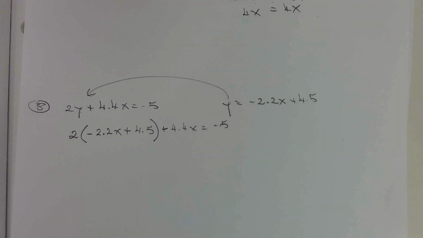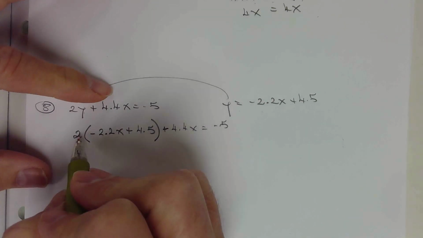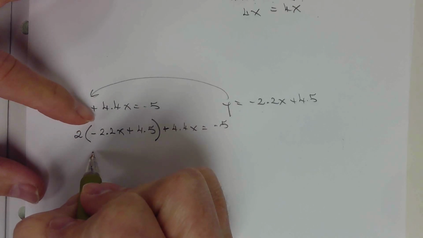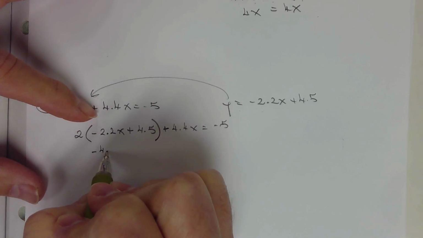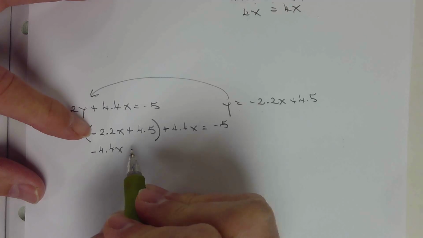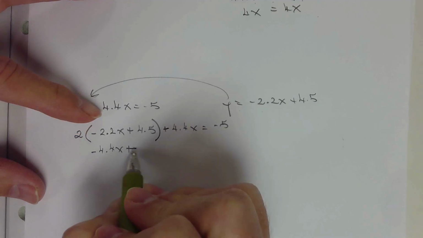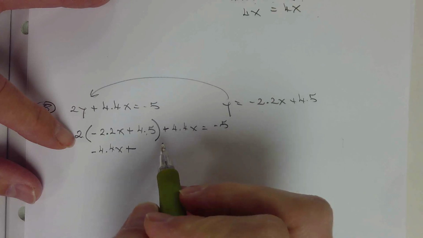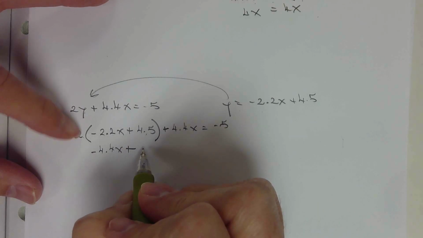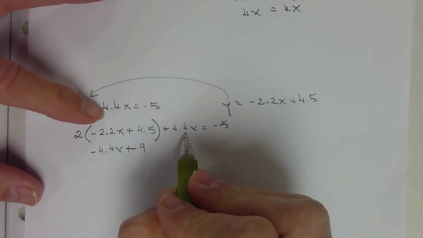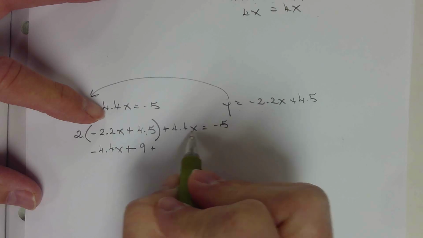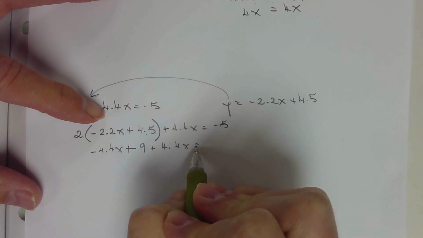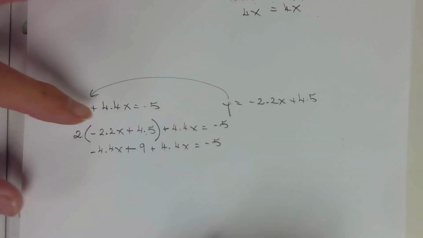All right, I'm going to use the distributive property. 2 times negative 2.2 is negative 4.4x, plus 2 times 4.5, that's 9, plus 4.4x equals negative 5.